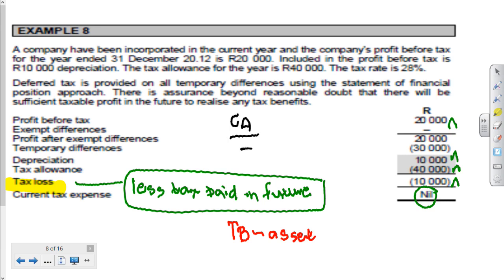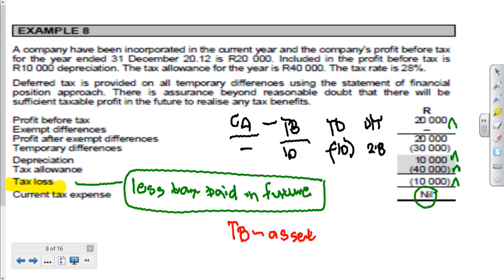Carrying amount, 0. Minus tax base, 10. Temporary difference, minus 10. 0 minus 10 is minus 10, isn't it? Or a bracket. Deferred tax, 2.8 asset. I'll end up with a deferred tax asset.